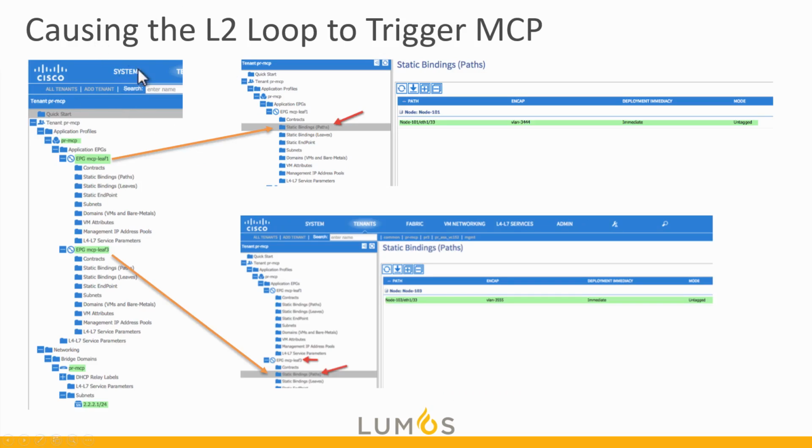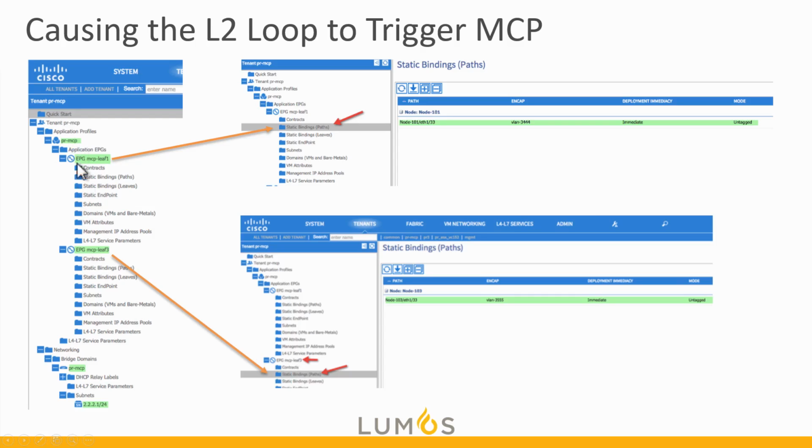So here in a tenant, in our overlay, we've got an application profile and two different EPGs, leaf 1 MCP and leaf 3, which is just what we named the EPGs. They're both attached to a physical domain, which is where we have these node 101 and 103 ETH 1/33. Okay, so these are the breakouts of the EPGs under the static binding.